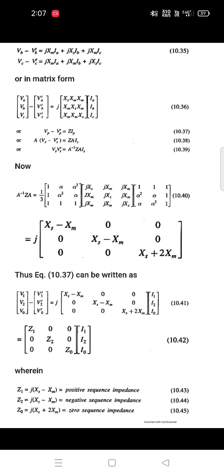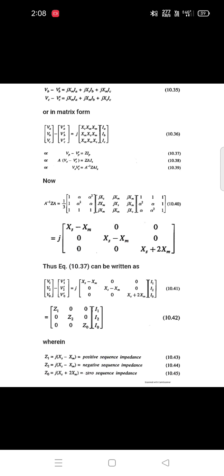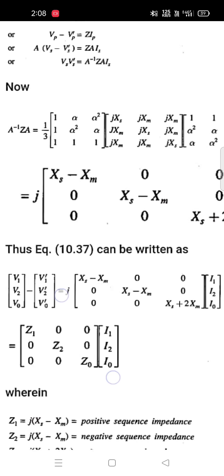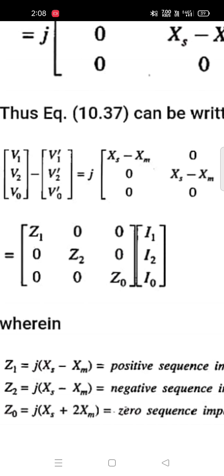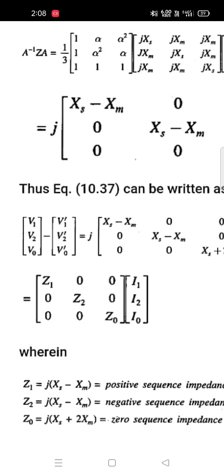So let us write V1, V2, V0 minus V1 dash, V2 dash, V0 dash equal to j into the resulting matrix into I1, I2, I0. We write this matrix as Z1, Z2, Z0, where Z1 is j into XS minus XM, which is the positive sequence impedance.